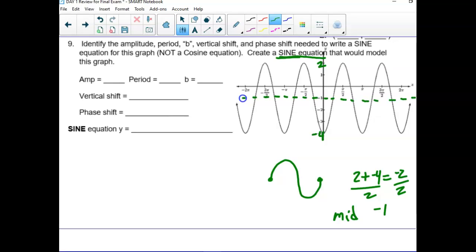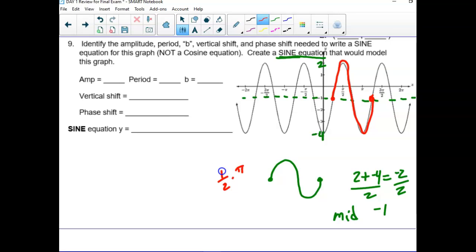Okay. So in my mind, I would find where it crosses the midline and goes up and call that the phase shift. So that I don't have to do a negative sign, but you could have also started over here. So if this is pi over 2, what's halfway to pi over 2, guys?